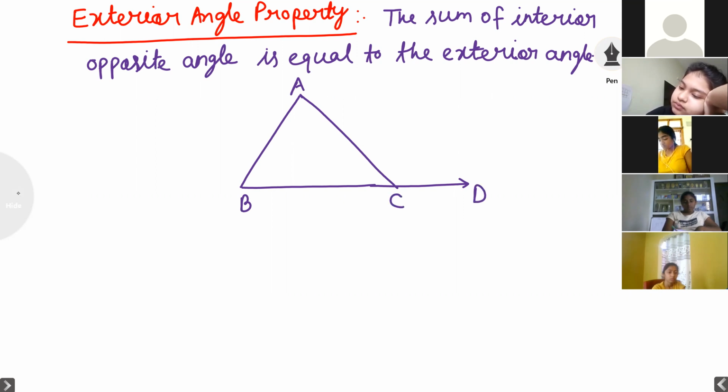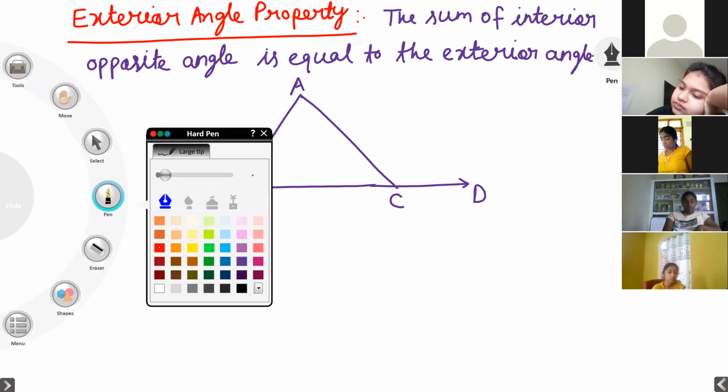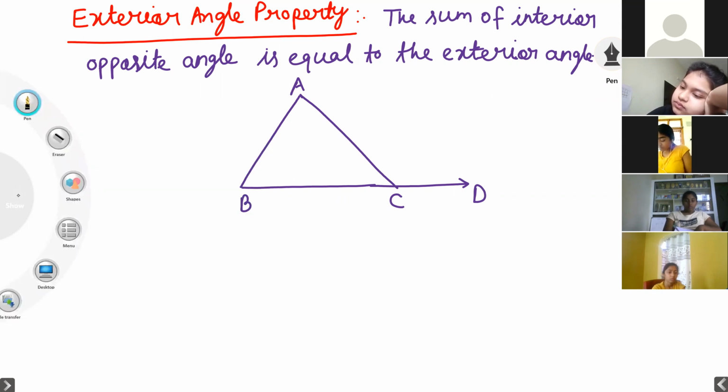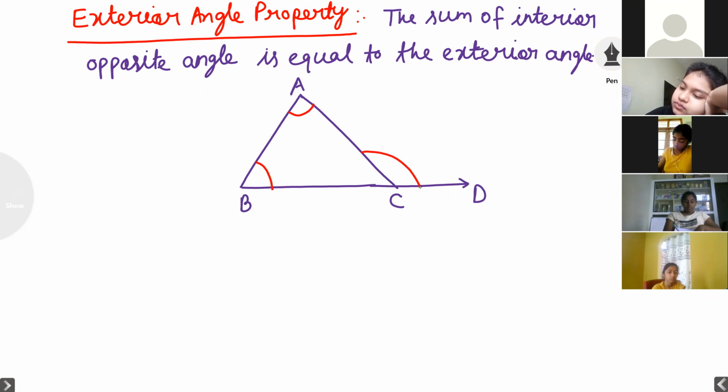Draw this figure, everyone. Yes. What is the name of the outside angle? ACD or DCA, right? There are two ways, I told you.